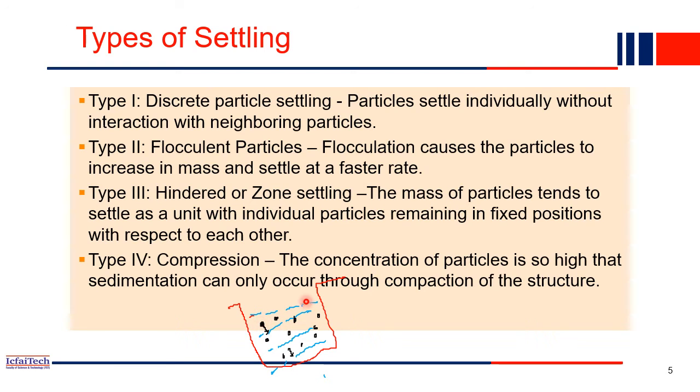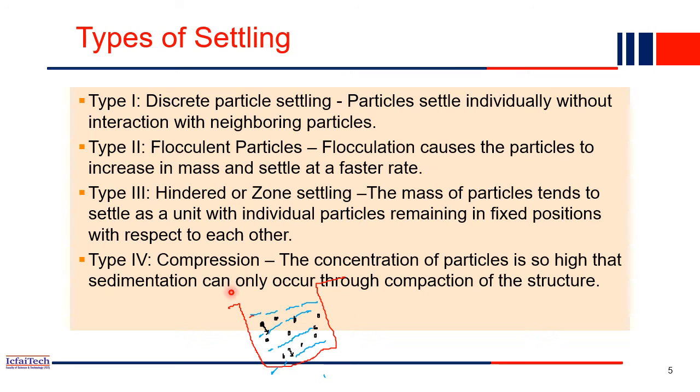When this layer is at the top of the sedimentation tank, the distance between two particles, whatever it is, will be the same at the bottom too, right? Each particle stays in its relative position, and the entire layer settles at the bottom. This we call zone settling. The entire zone is settled to the bottom.